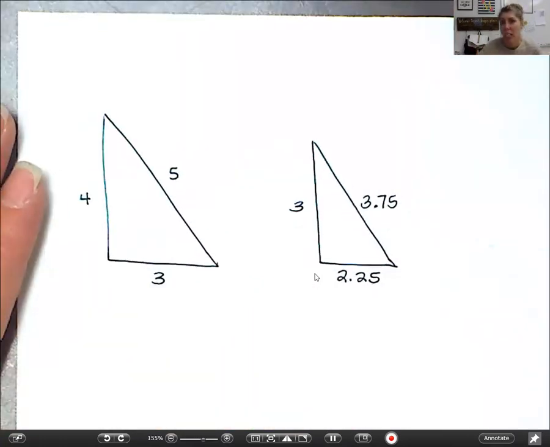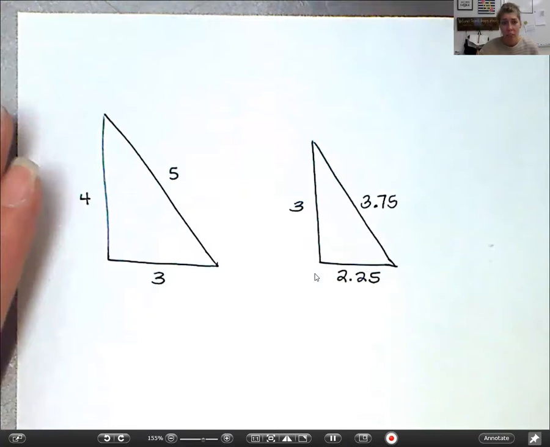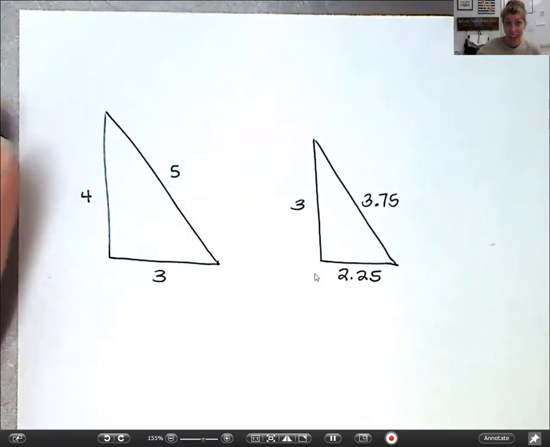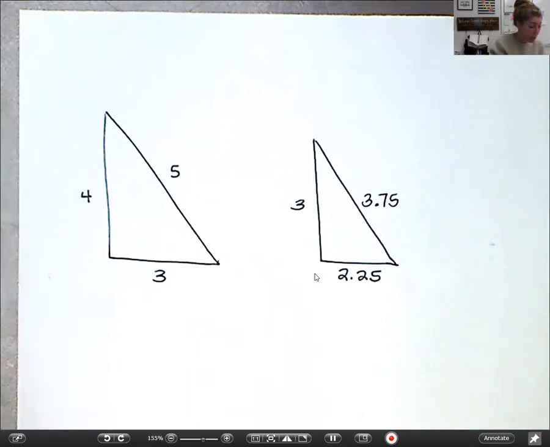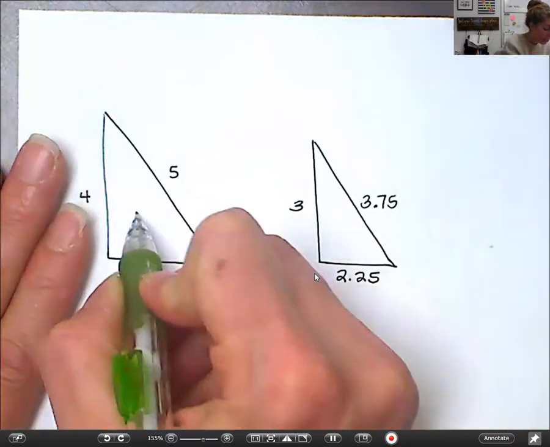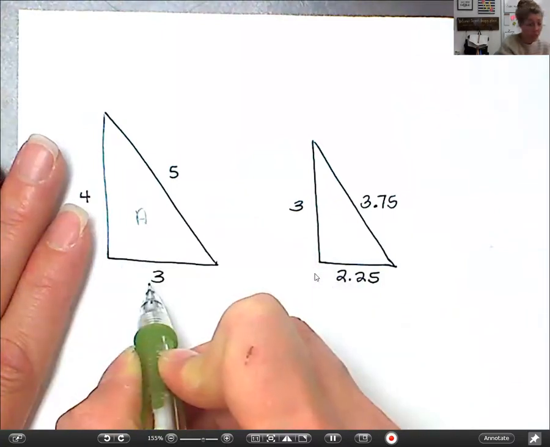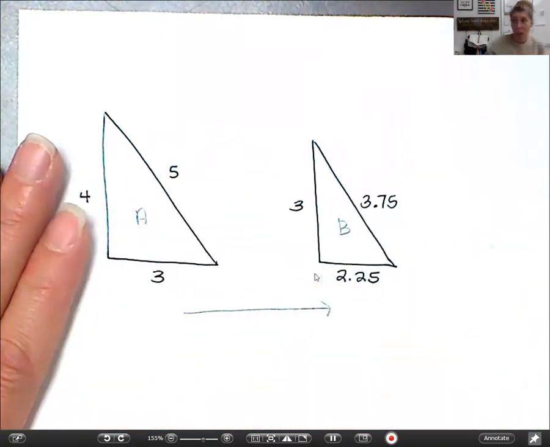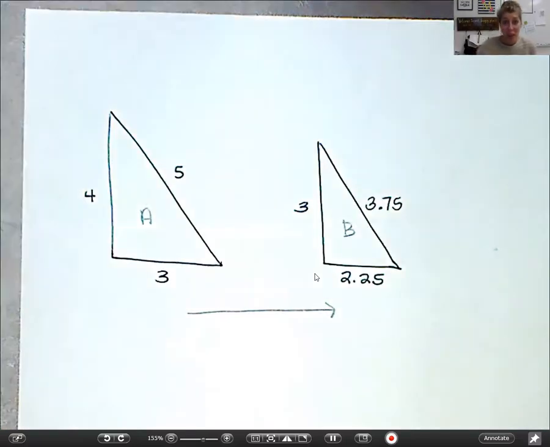How scale factor is different is not just that you know two shapes are similar, but how are they different? If this was figure A and figure B, and I moved from one to the other, what is the scale factor that it shrunk by?